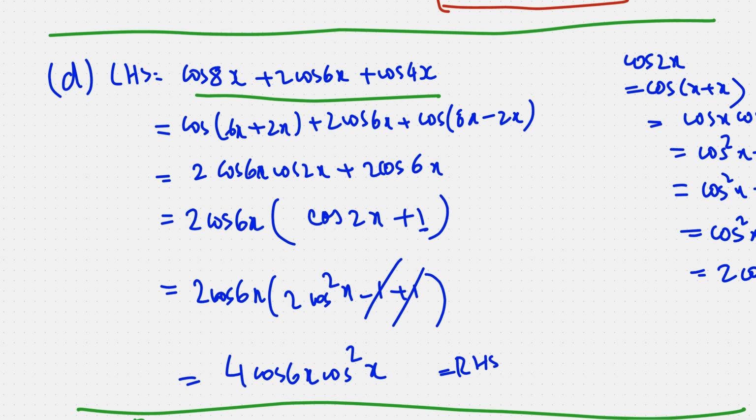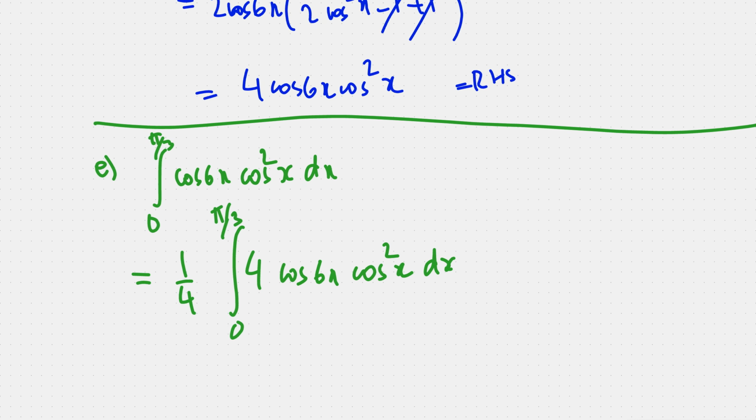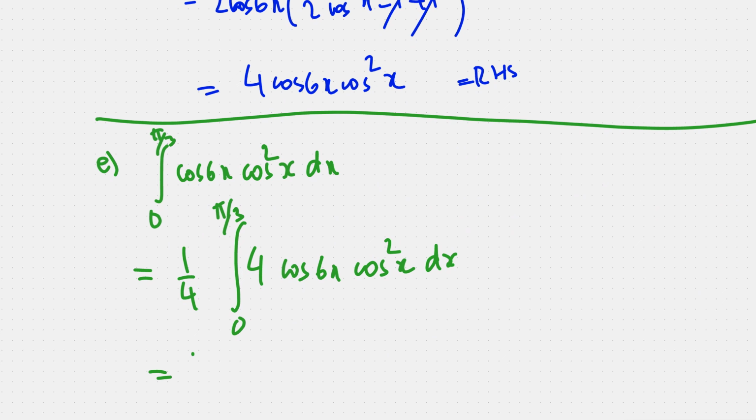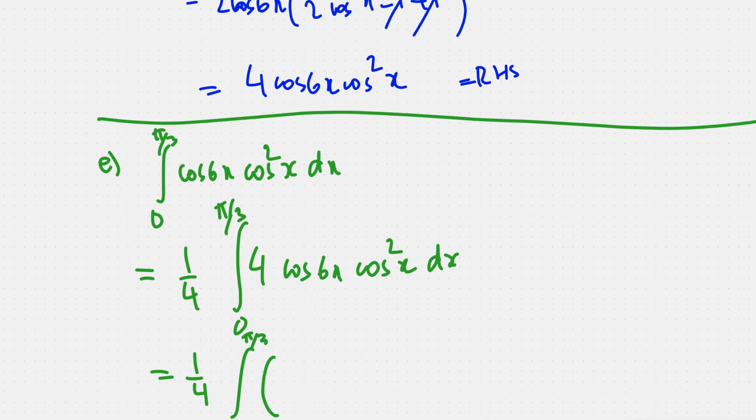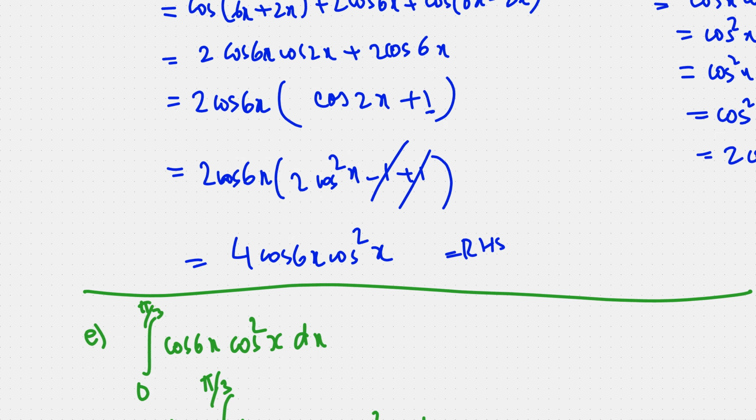So then I can write that this is equal to 1 over 4 and then integral sign 0 to pi over 3, and then I put a bracket.